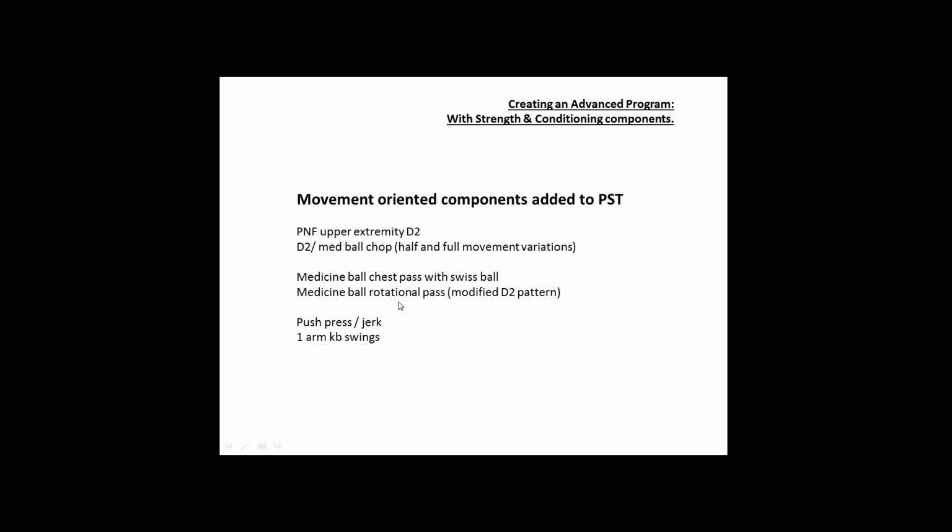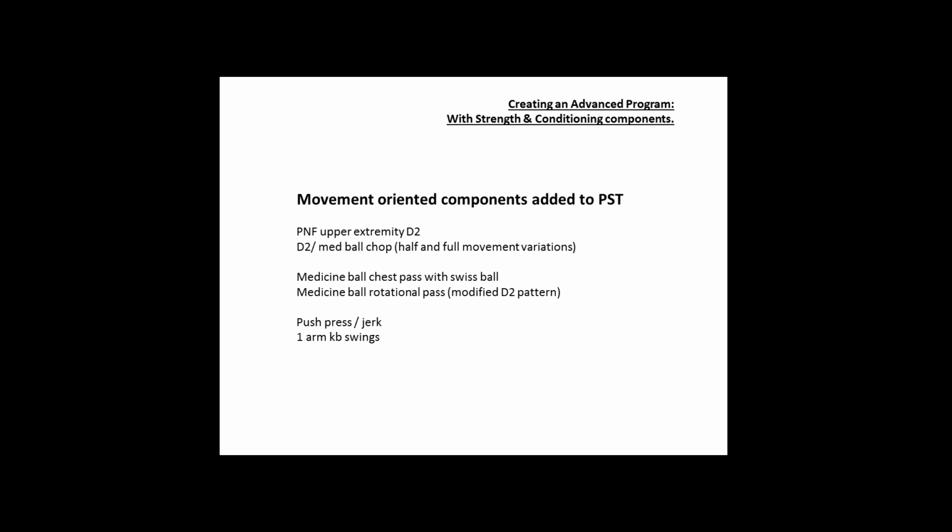And the last thing we can do is there are ways that we can add PNF extremity movements, especially D2, but D1 as well, D1 being the upward movement, D2 being the downward movement. We can add in variations of a med ball chop as a function of this. We can also add med ball chest passing and rotational chest passing with sort of a modified D2 pattern.